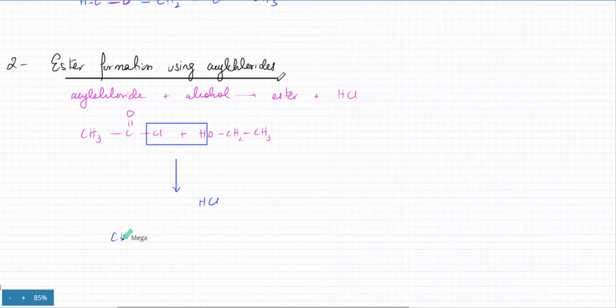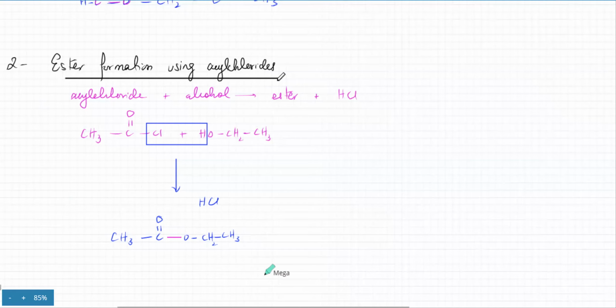And the CH3C double bond O and the CH3CH2O. The H and Cl are knocked out from the middle and they're going to end up combining with each other. So it's exactly the same reaction.